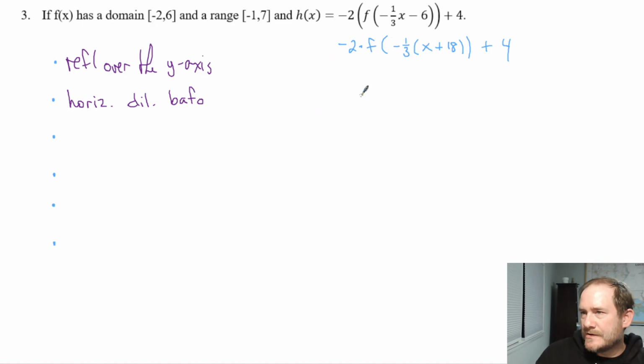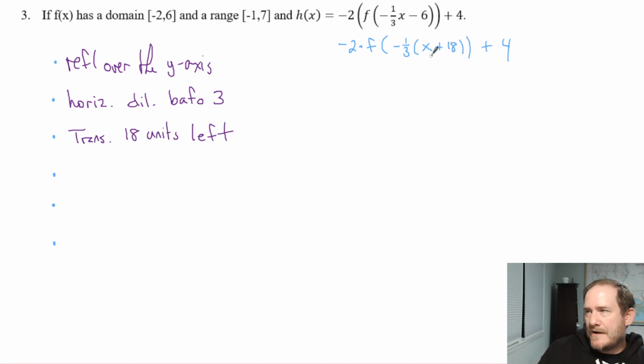Now this says a third, but we always use the reciprocal, so it's actually by a factor of 3. Now I can do the horizontal translation, and that's fine because I've already done all the other horizontal transformations. So I can say translate 18 units. And what is it? A plus, so I guess we're going left.